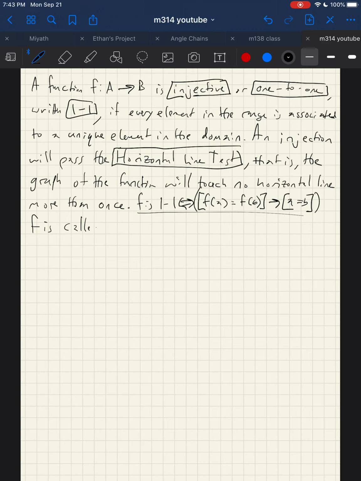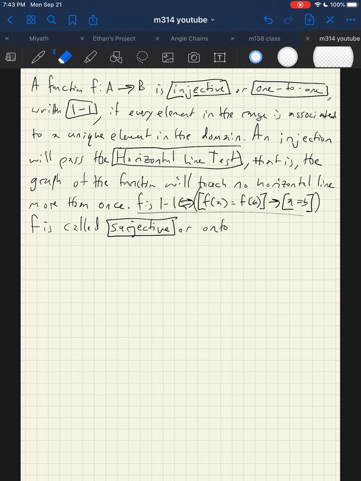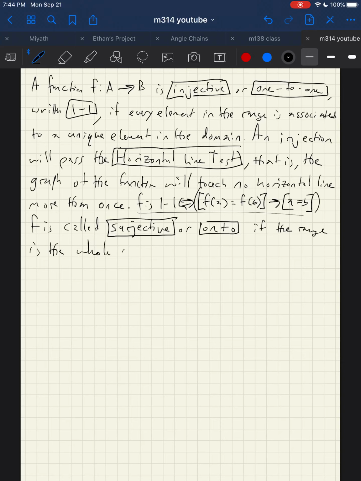All right. f is called surjective or onto. So there's this word onto, which in this case, I just cannot make the top of that thing not curl. Onto is an adjective in this case. If the range is the whole codomain.